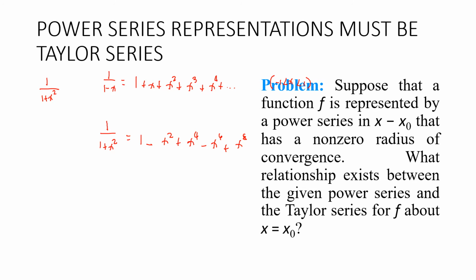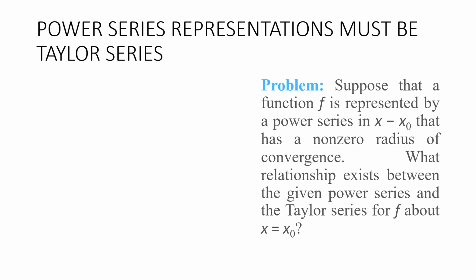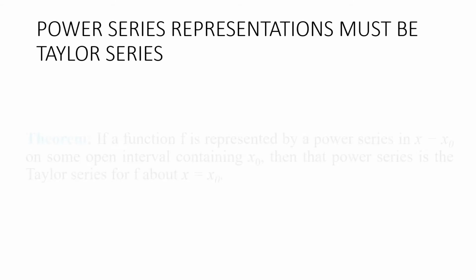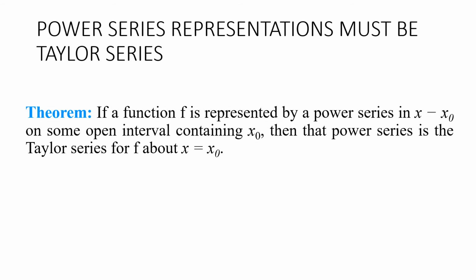The answer is they are the same. Based on this theorem, if a function f is represented by a power series in x minus x sub 0 on some open interval containing x sub 0, then the power series is the Taylor series for the function f about x equals x sub 0.